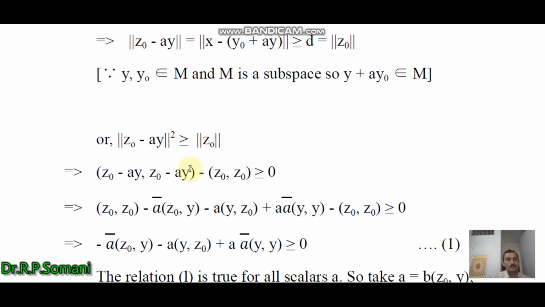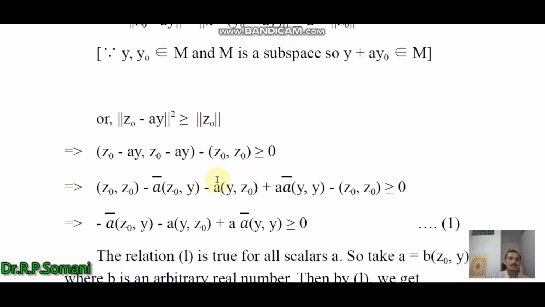From this we obtain that the inner product of z0 minus ay with z0 minus ay, minus the inner product of z0 with z0, is greater than or equal to 0. Now apply the property of the inner product.